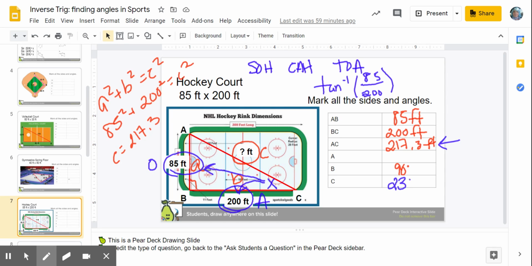Perfect. So if X is 23 degrees, how do I find angle A? You can subtract, absolutely. Do I subtract from 180 or from 90? Okay. So 180 minus the two angles that I know.